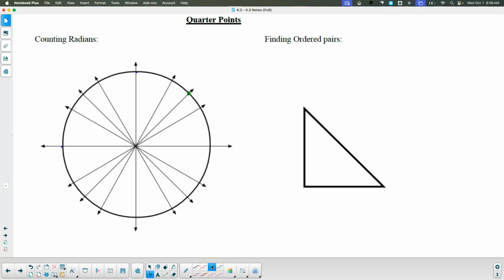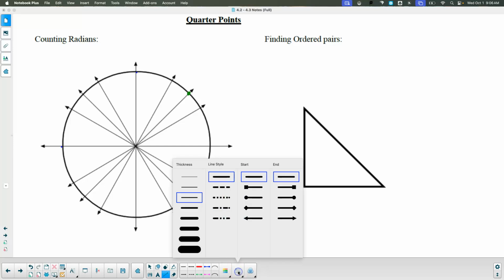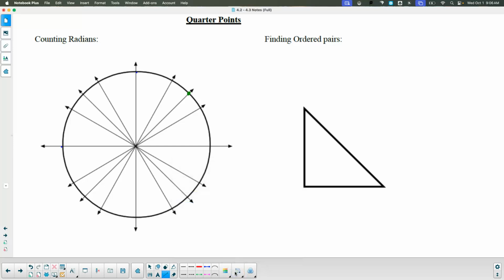Okay? Now that is a special point on our unit circle, because what kind of a triangle gets made here? It's a right triangle, yes, but even more importantly, it's a 45-45 right triangle. It's an isosceles right triangle.